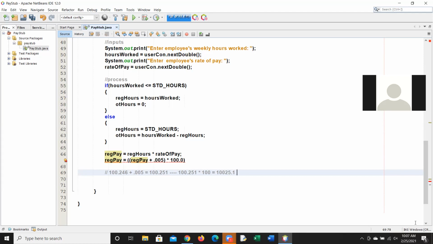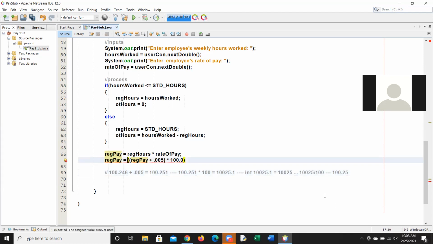And then I'm just going to pull off the integer part of that, which will mean it'll be 10025. And then I'm going to divide it by 100. And my answer will be, I'll have it rounded to 100.25. So that's what I'm trying to do here. Okay.